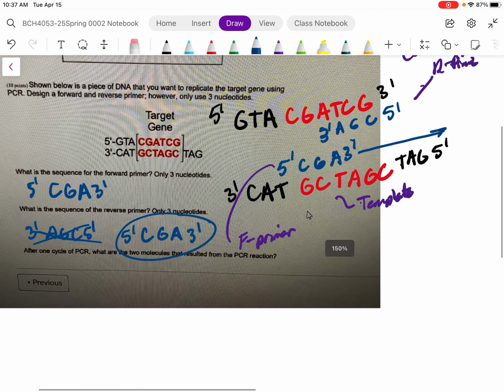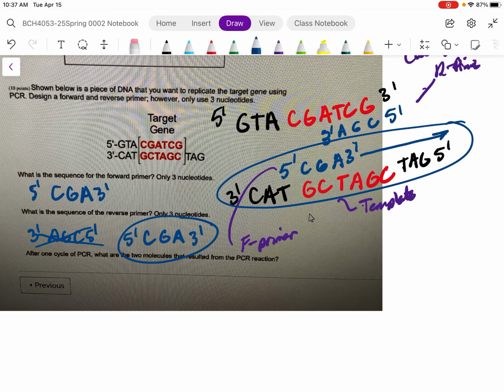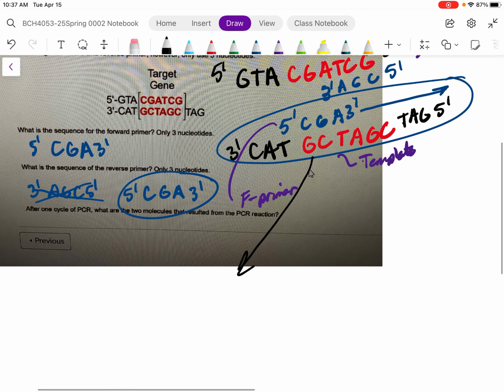So what that strand is now going to look like, if we take that whole strand and come down here, that's going to turn into our CGA, and then TCG, like that, and then TAG. What is that? That's going to be ATC. Okay, so that is our 5' piece and our 3' piece.